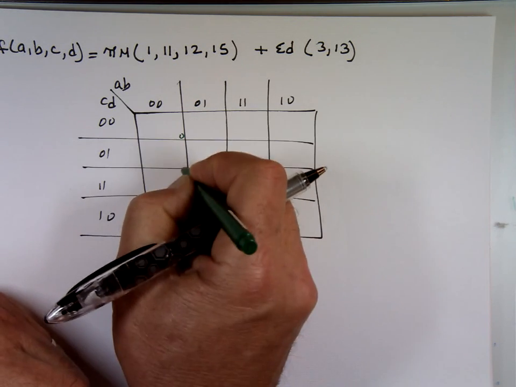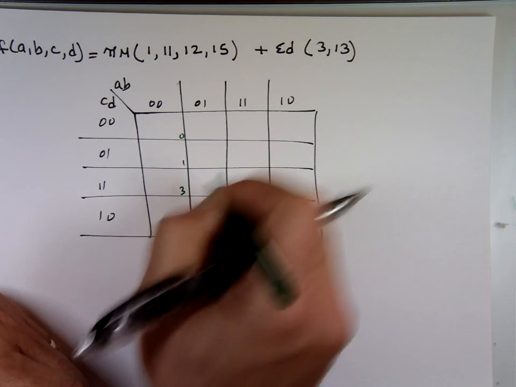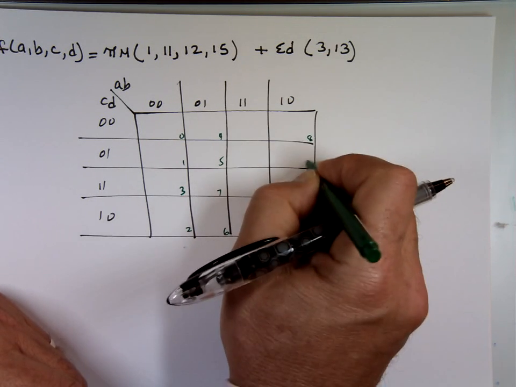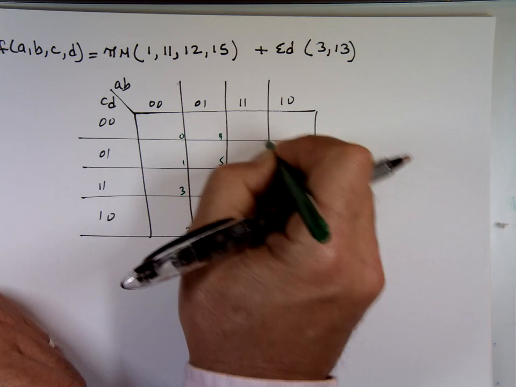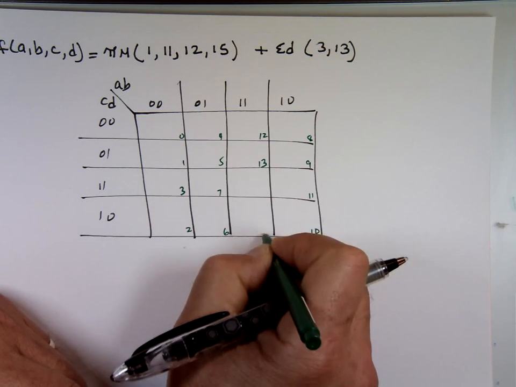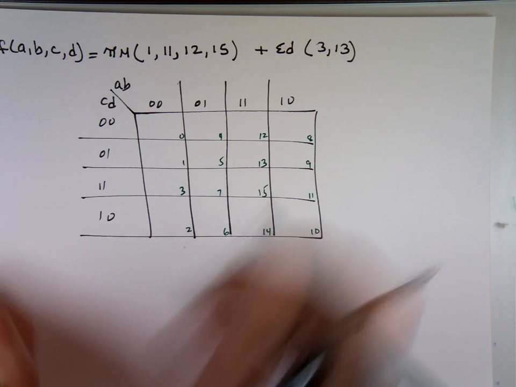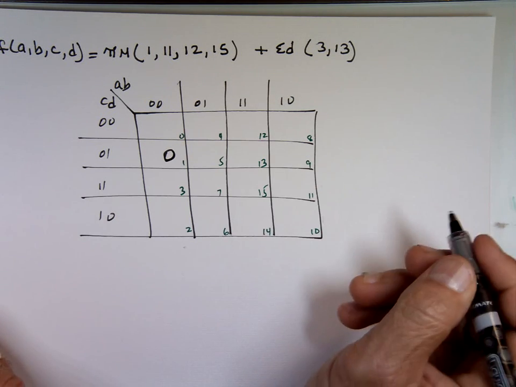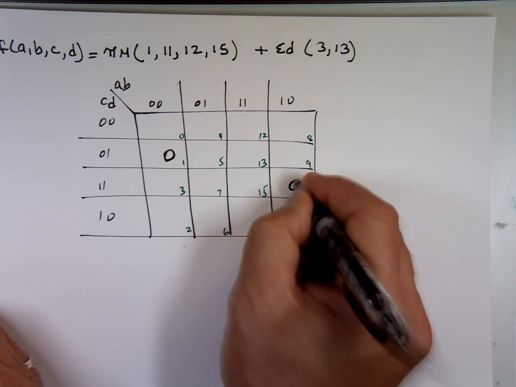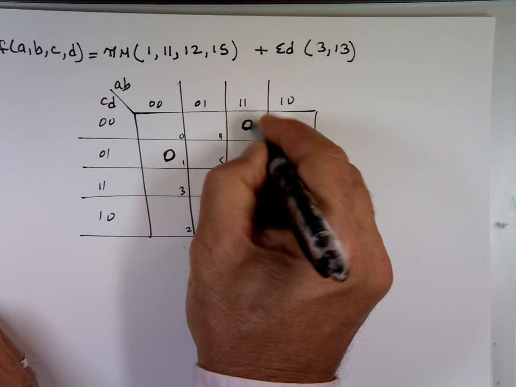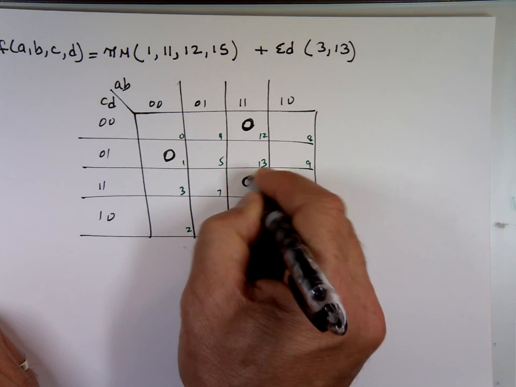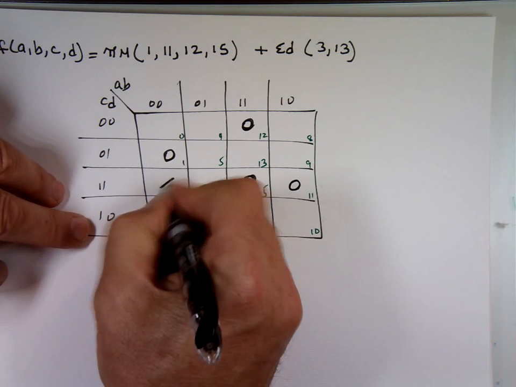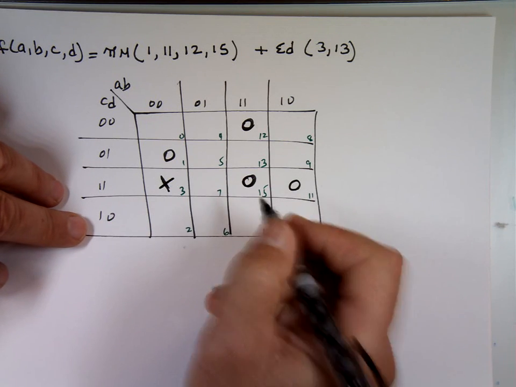Zero, 1, 2, 3, 4, 5, 6, 7, 8, 9, 10, 11, 12, 13, 14, 15. You have a value of 0 at 1, at 11, at 12, at 15. And the don't care at 3 and at 13.